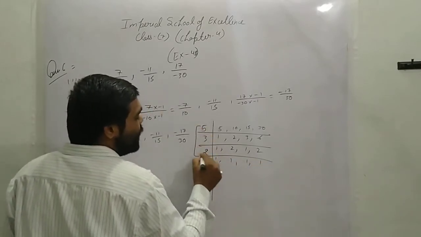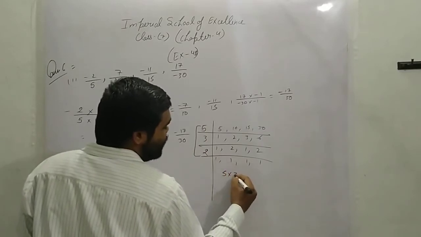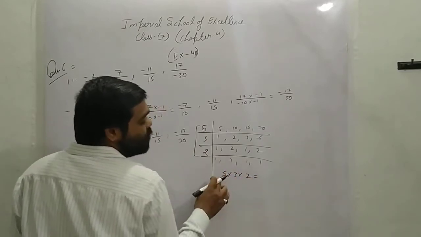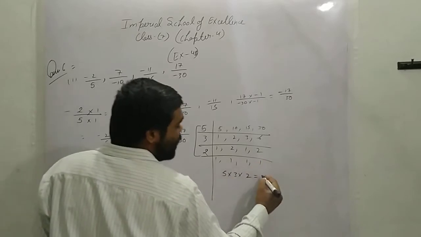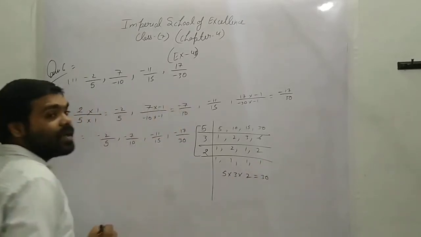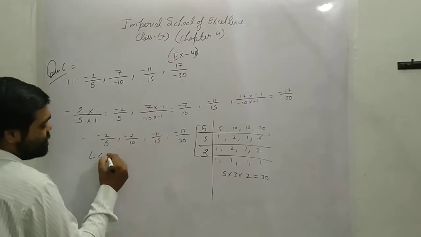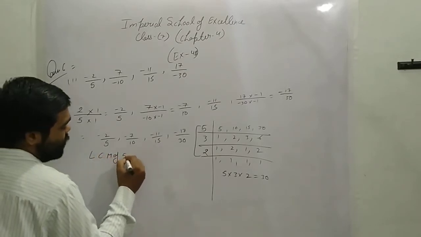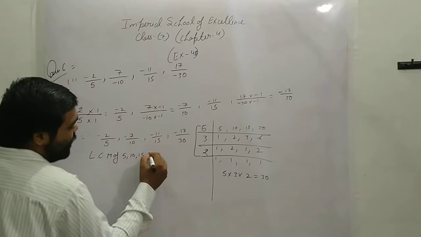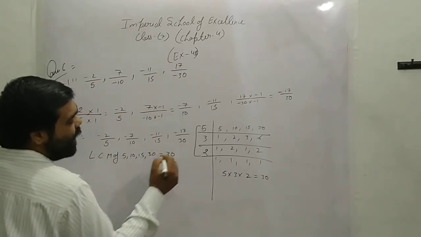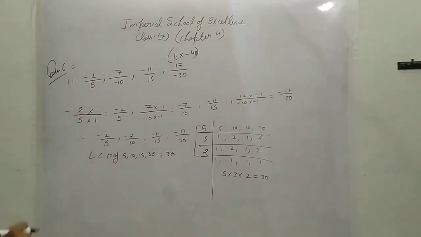Now 5 multiplied by 3 multiplied by 2: 5 threes are 15, 15 twos are 30. Your LCM is 30. The LCM of 5, 10, 15 and 30 equals 30.